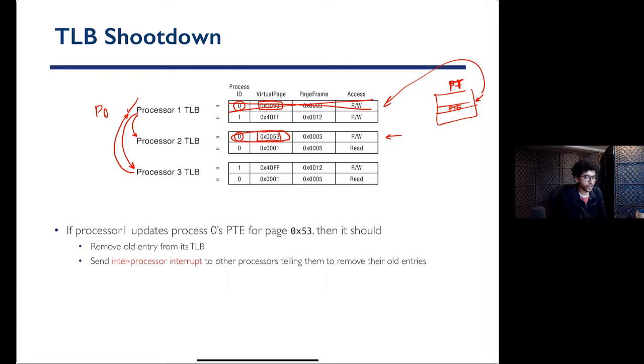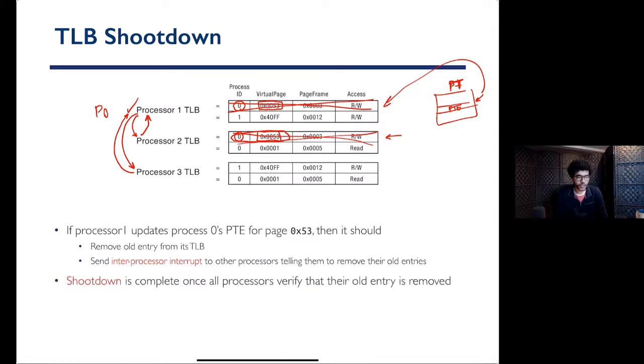Processor 2 is going to invalidate this and then send an acknowledgement to processor 1. Once processor 1 has all the acknowledgements, then it can continue with execution. But this basically means that we need to shoot down all the translations in all the other processors if we have to.